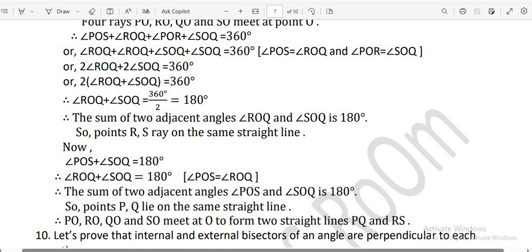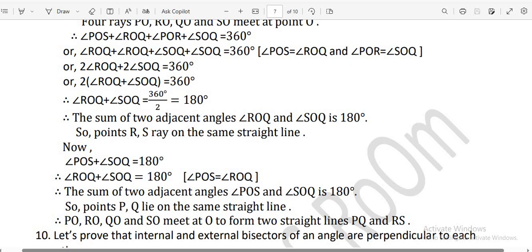Thus the sum of two adjacent angles, angle POS and angle SOQ, is 180 degrees. So rays PO and OQ are on the same straight line.